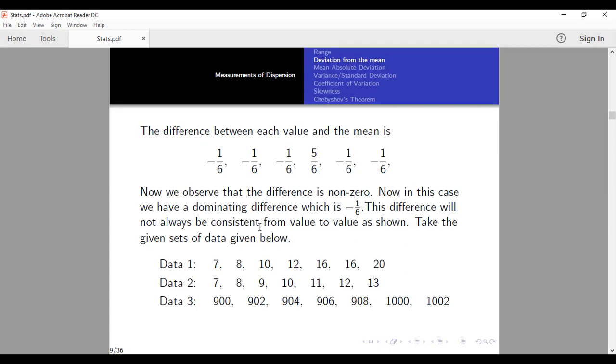The first one is increasing, but it has no particular pattern. The second data increases by 1. The third data uses much larger figures, but it has a consistent increase of 2 over the previous value.